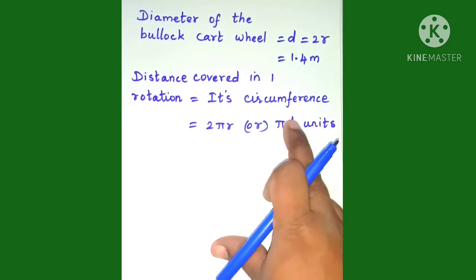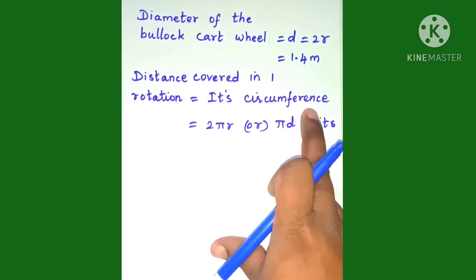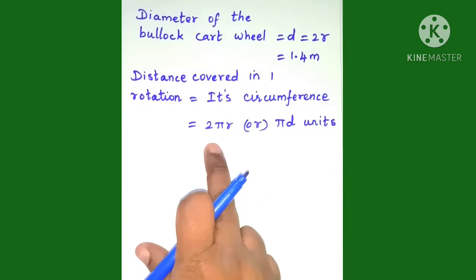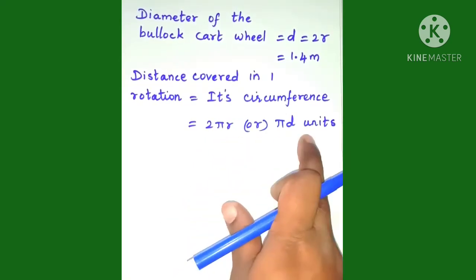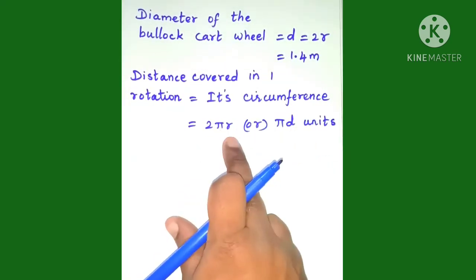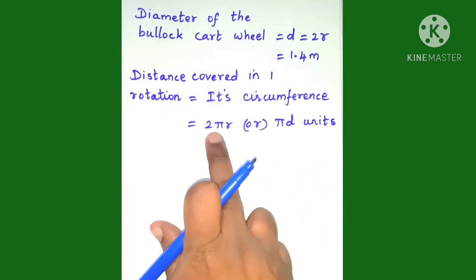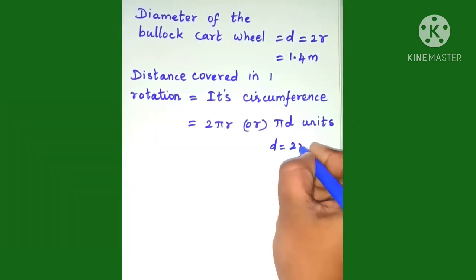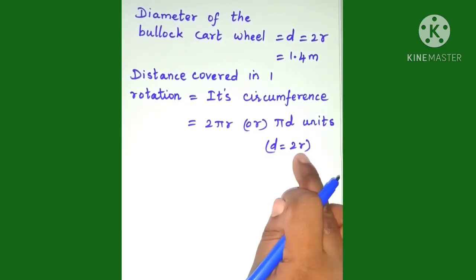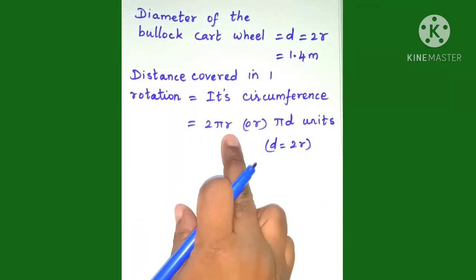So we know that the formula for circumference of the circle is 2 pi r or pi d. We can use 2 pi r or pi d. So here d is equal to 2r. So when r is given, we can use the 2 pi r formula.